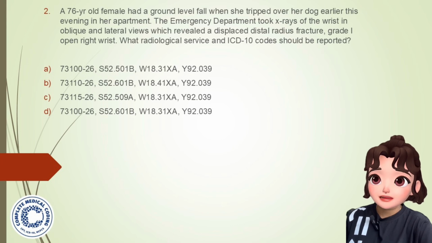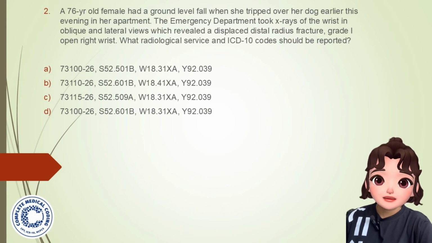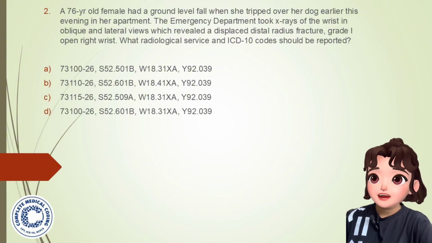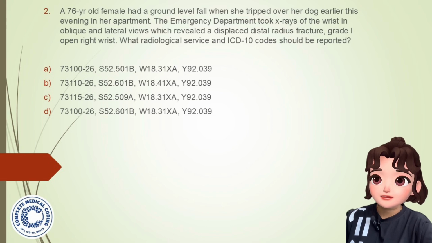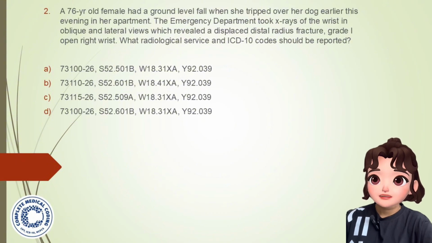The 7th character A represents initial encounter, D represents subsequent encounter, and S represents sequela. Apart from that, for coding fractures, there are other alphabets for representing open and closed fracture. That's how you need to code the fracture codes. I'll show you another slide on how to code fracture codes.